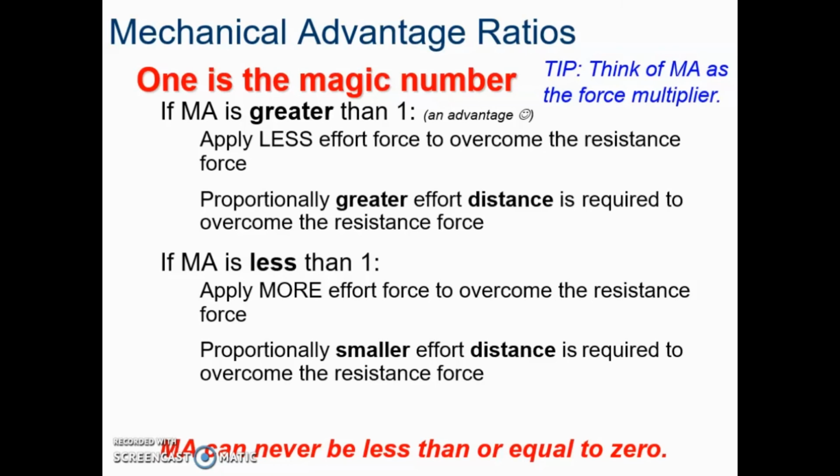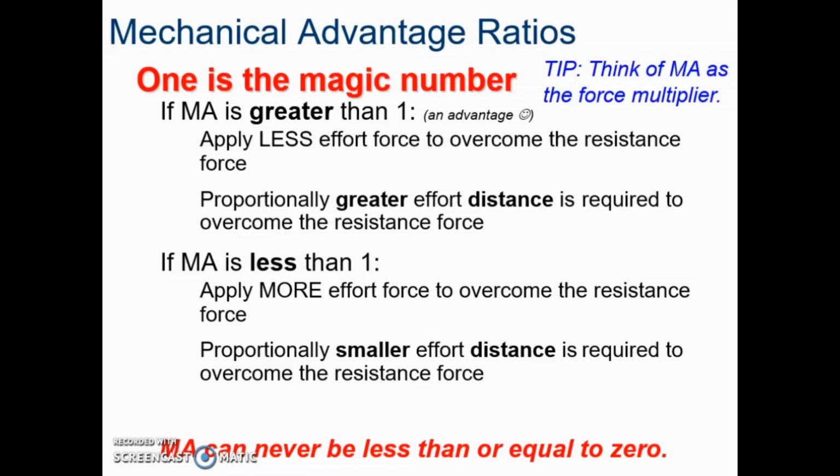However, if we have a mechanical advantage greater than 1, on the other side of things, we need to apply that force for a greater distance in order to overcome the resistance force. Now, on the flip side, if our mechanical advantage is less than 1, or I should probably say between 0 and 1, that means that I have to put more effort into that machine to overcome the resistance force.